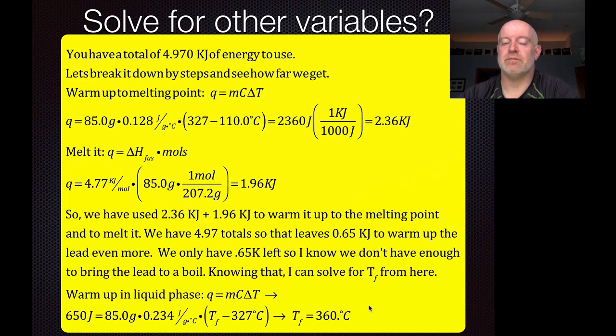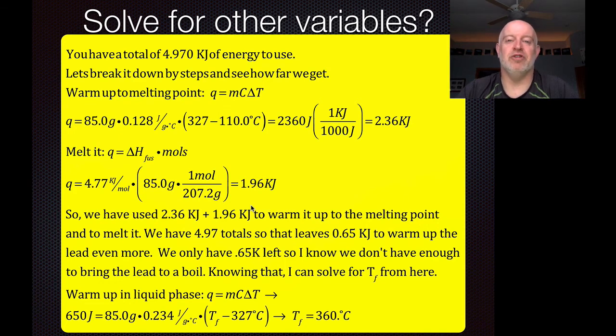Okay. Now, questions you might have: what happens if you run out of energy halfway through the melting phase? Well, then you know your final temperature. You didn't melt all of it. Okay, so it's possible that you could have run out of energy in the middle of this phase right here. So if that's the case, then part of the lead would have melted, part of it would not have melted, all right? In fact, you could figure out how much.